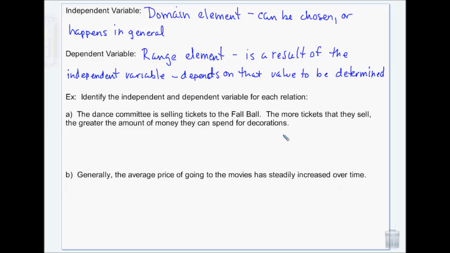Any clue? The selling of the tickets for the ball would be independent. It doesn't change. They're going to sell the tickets, yeah. It's the decorations that depend on how many tickets they sell, right? So the ticket sales, that's independent.